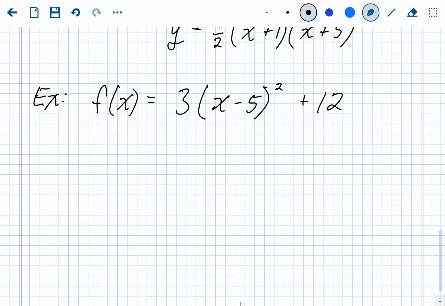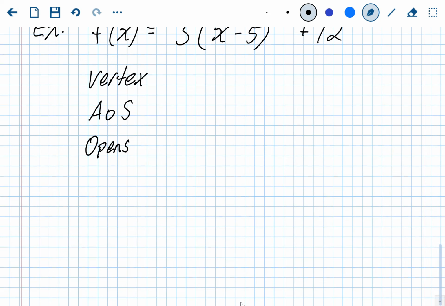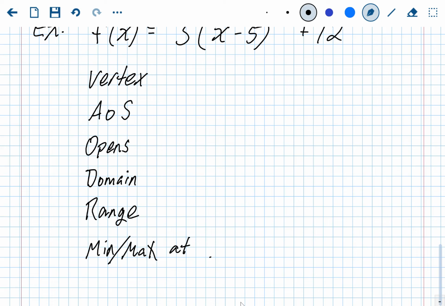We won't graph this one, but we'll find the vertex, the axis of symmetry, the opening, the domain, the range, and then the min or max, and at what value.